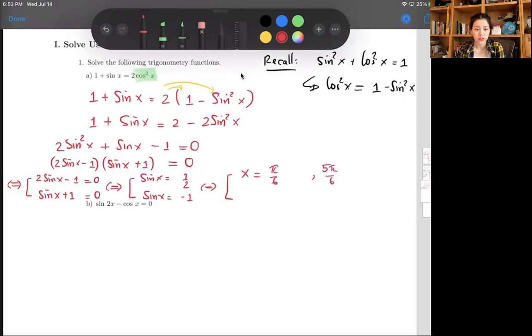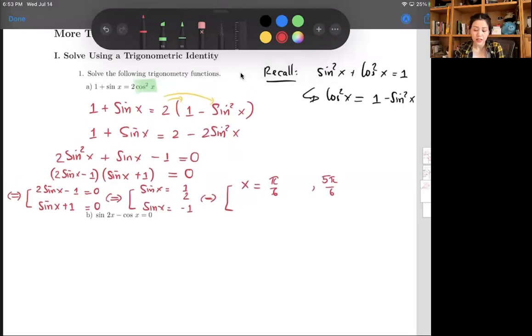Because this is the unrestricted domain, you have to add 2k pi at the end, because the period of the sine function is 2 pi, where k is an integer, a set of integers.